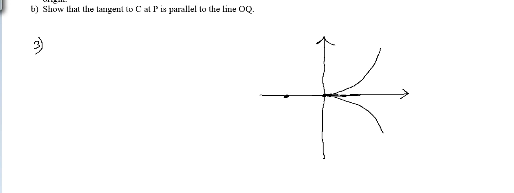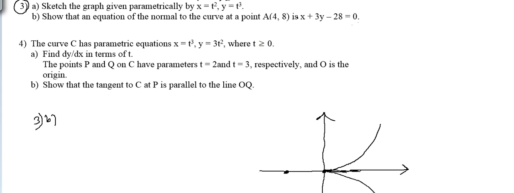Part B of number 3. He said there is a point A (4, 8). We need to prove that this will be the equation of the normal at this point. Okay, we have to find y prime.